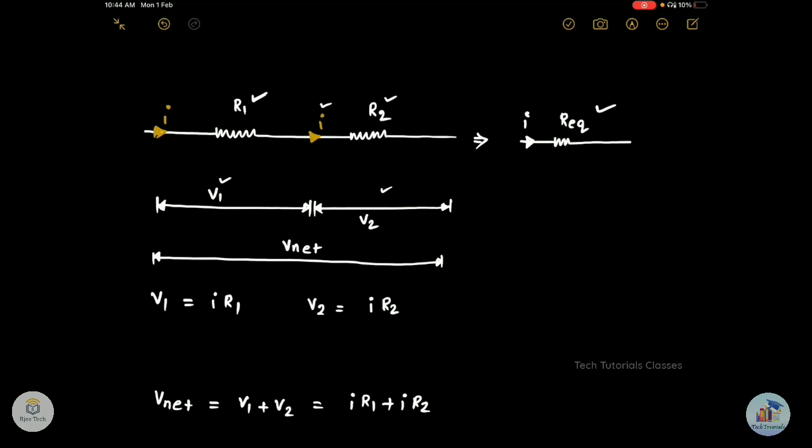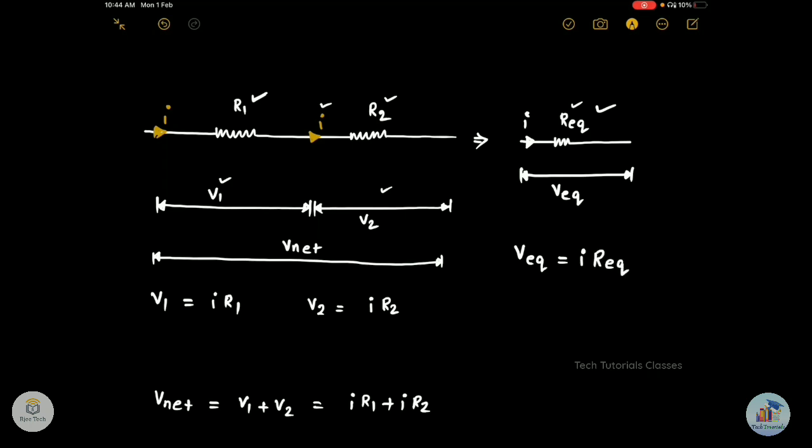So the net potential drop across this would be equal to how much? V equivalent. Very good. So V equivalent is equal to I into R equivalent, right?